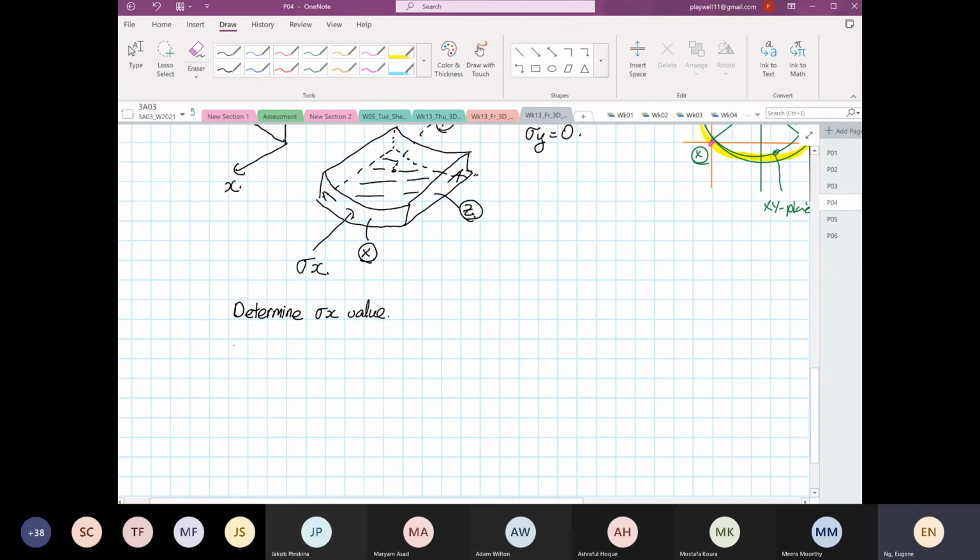Due to axial loading, stress X is equal to minus 2,500 over pi c squared, where c is the radius of the shaft.